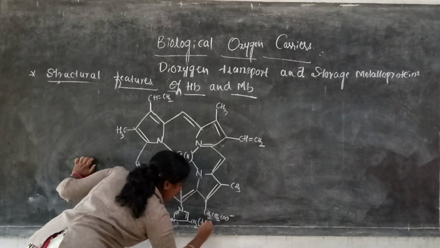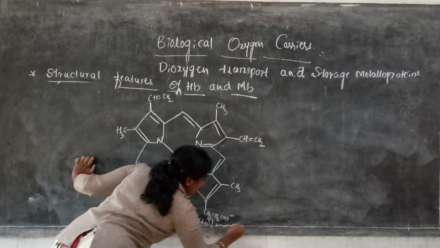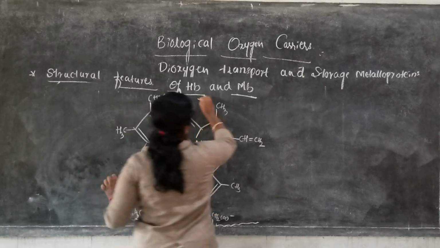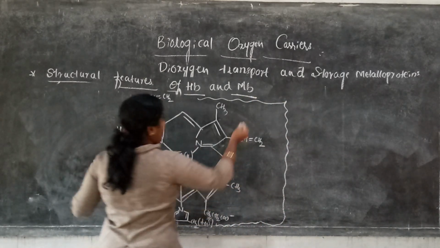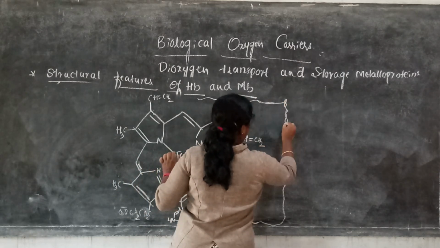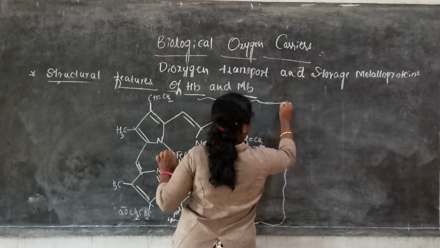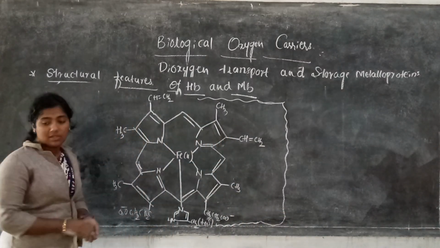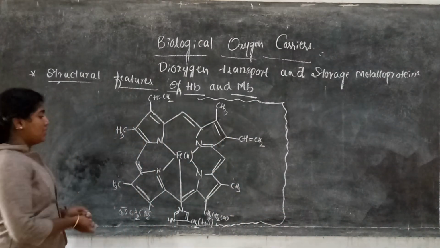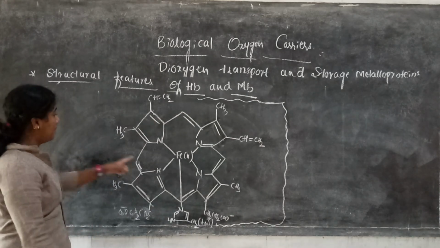Histidine, so this is known as the globin protein chain. This is the basic unit of hemoglobin and myoglobin.